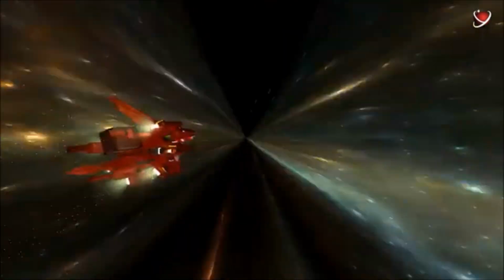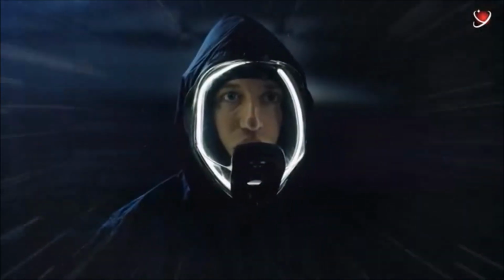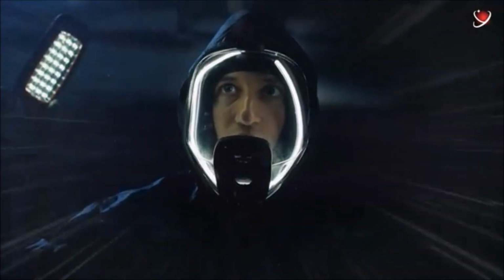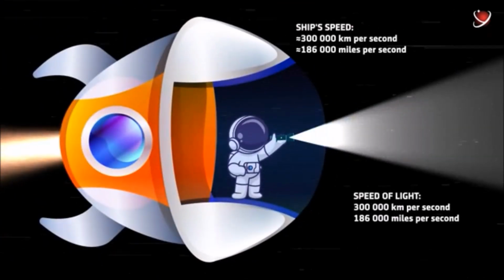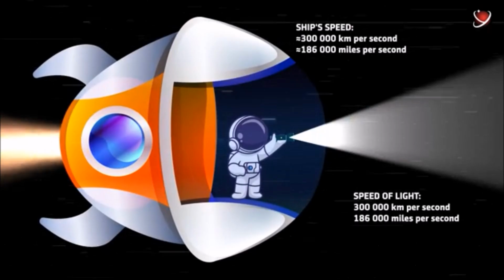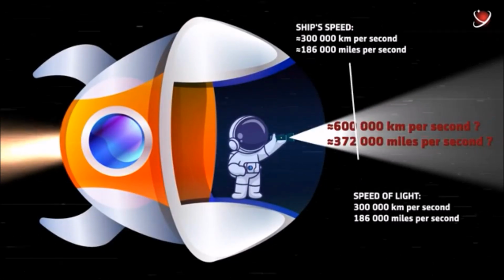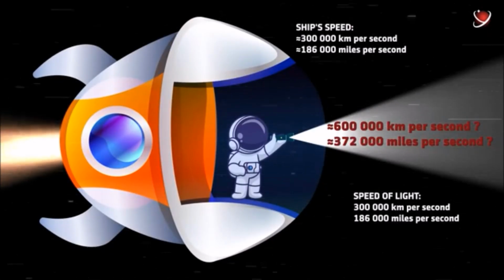Let's say you're flying on a starship at almost this huge speed, standing on the captain's bridge. You turn on a flashlight and direct the beam forward along the course. At what speed will the beam ultimately travel? Logic suggests that you should add the speed of the beam to the speed of the starship.